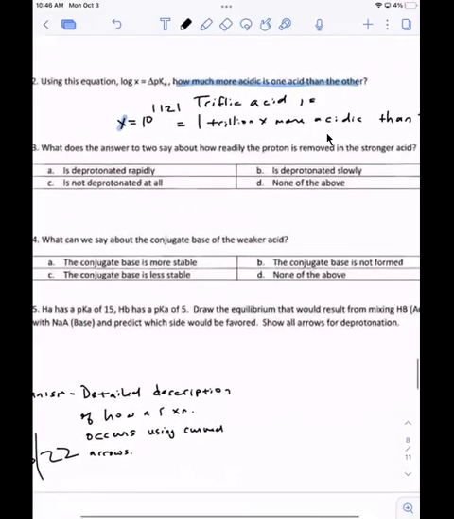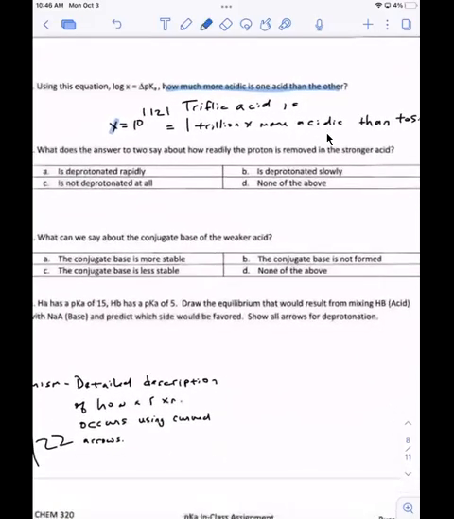What does the answer say about how readily the proton is removed from the stronger acid? So the stronger acid is going to give up H plus without a problem. What does that mean in terms of how much more acidic it is or how much lower the pKa is? What does that mean in terms of how it's going to give up H plus based on the answers we have in front of us? It'll be deprotonated rapidly. It happens rapidly.